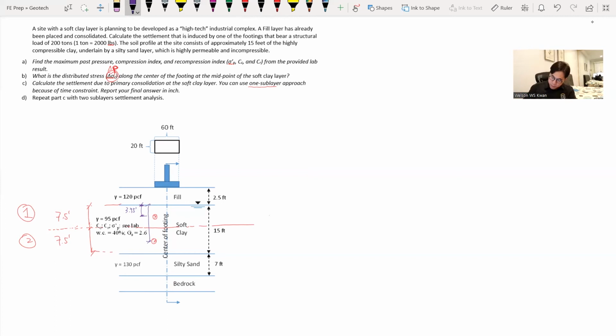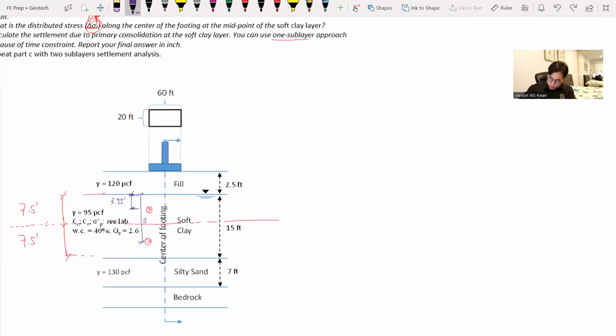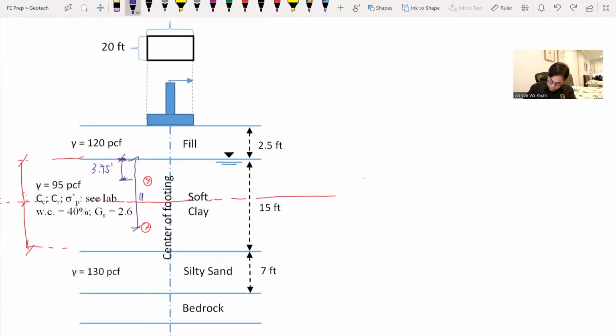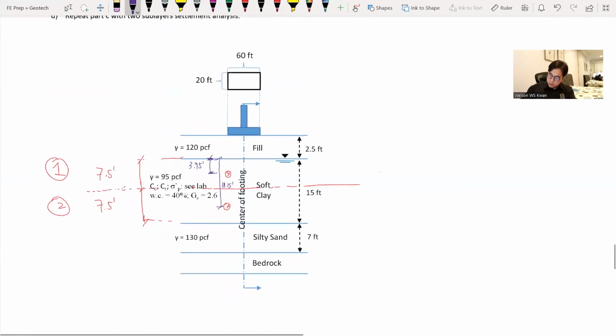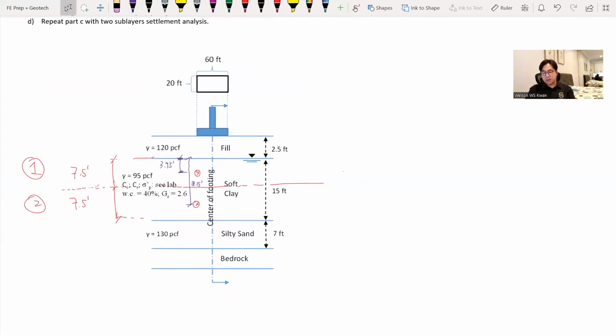It'll be 11.25 feet down from the top of the soft clay layer.